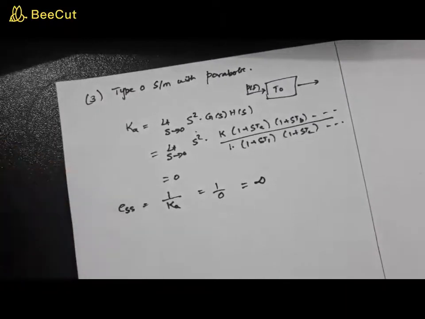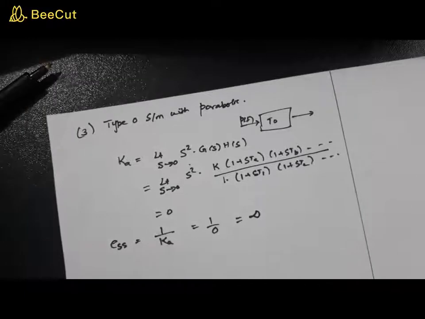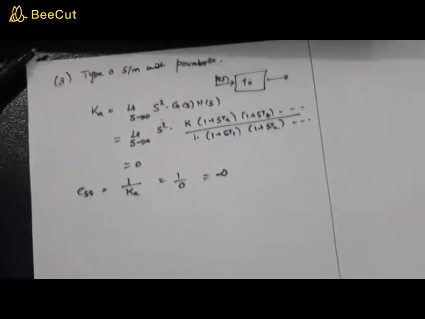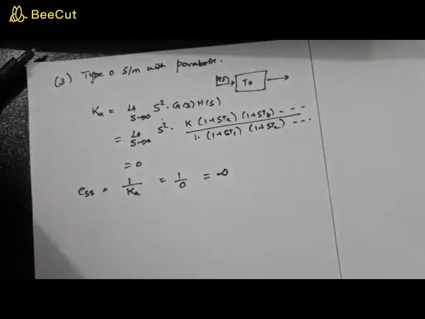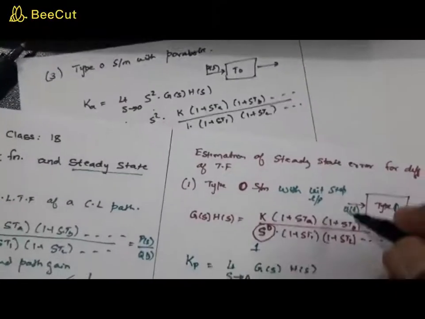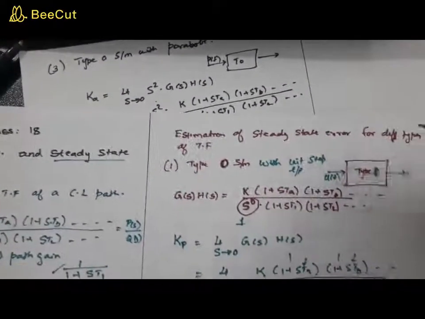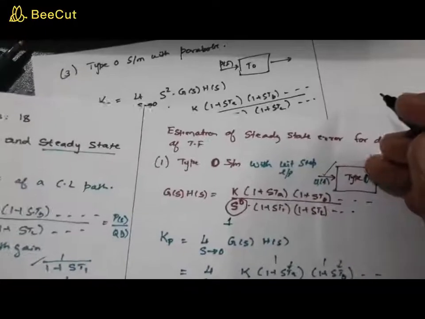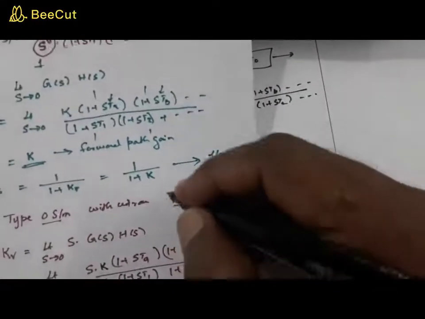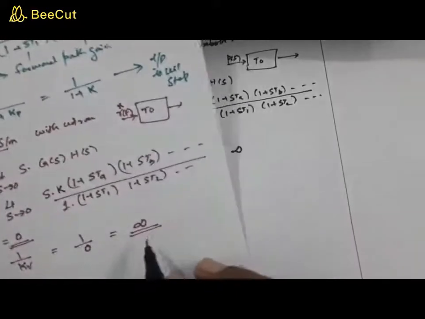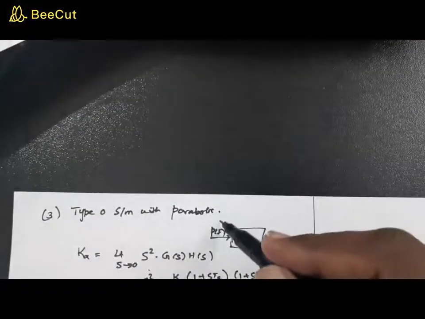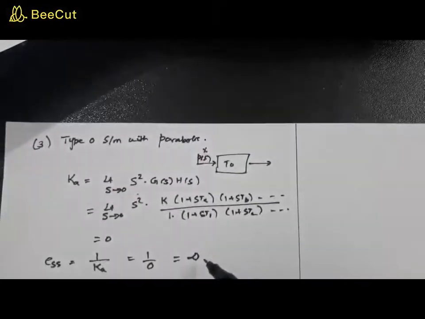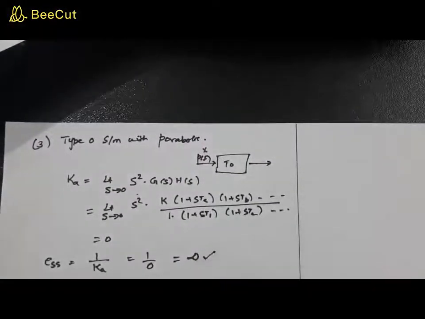So from this we are going to conclude that for a type 0 system, the only favorable input is the u of t. When it comes to r of t, the steady state error is infinity. When it comes with the parabolic input as well, the steady state error is found to be infinity.